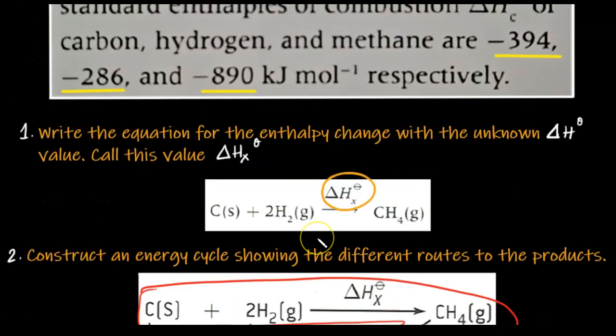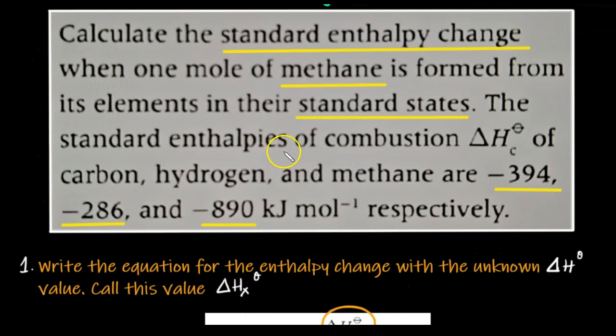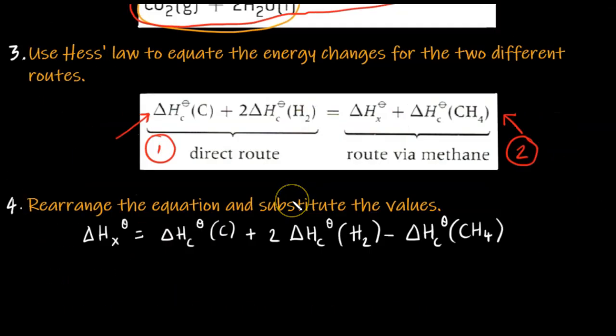So if you look back at the question, the standard enthalpies of combustion of carbon, hydrogen, and methane are negative 394, negative 286, and negative 890 kilojoules per mole. So we use that here.